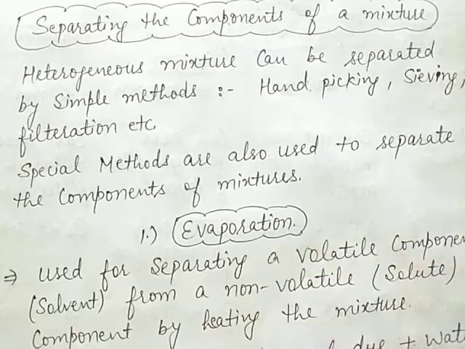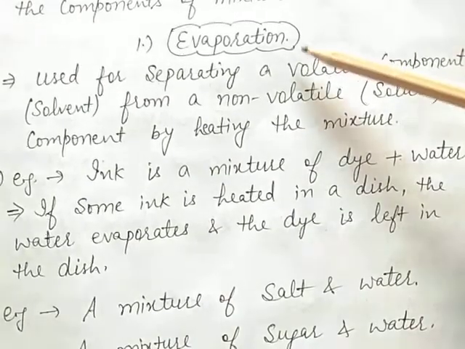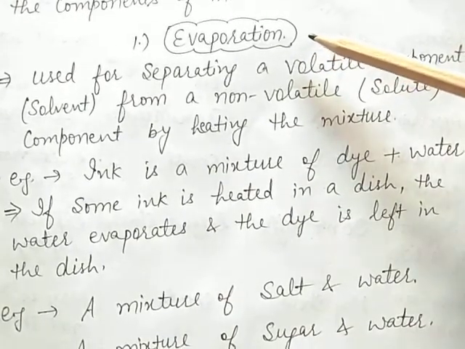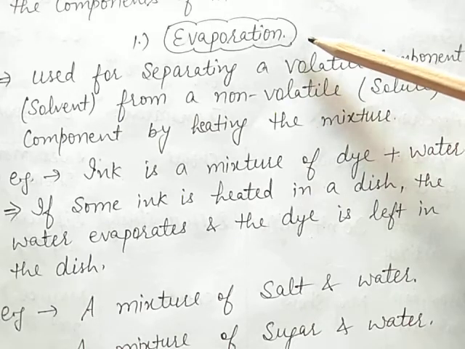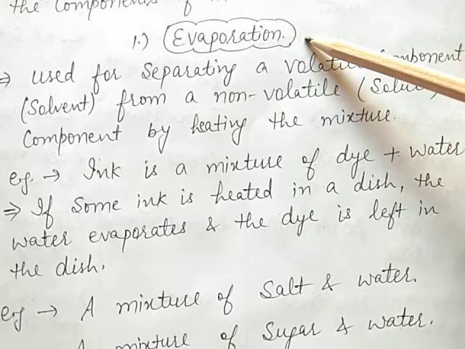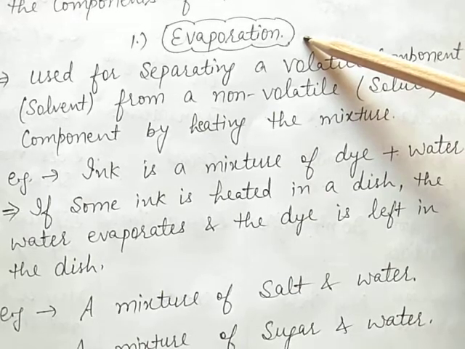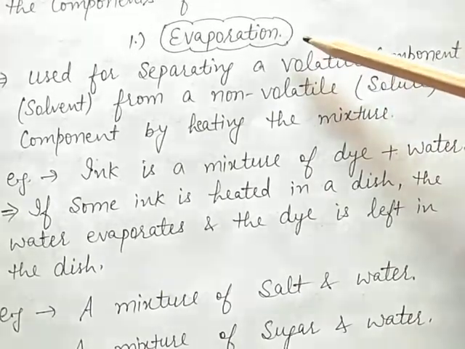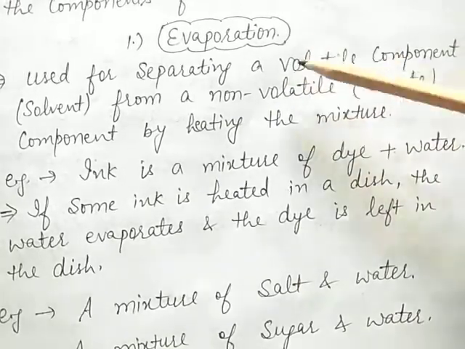Evaporation means the process of conversion of a substance from a liquid state to the gaseous state. This process is called evaporation, and the substance is said to be volatile. Volatile means which can easily evaporate.